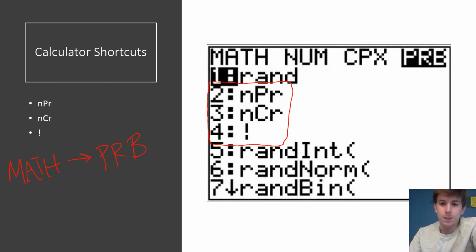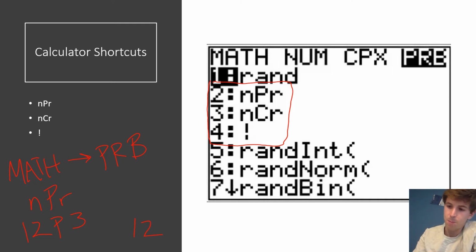The major annoyance here is that when you're trying to do an nPr, so let's say we are doing 12P3, just like we did in that last example, you need to put the 12 first.